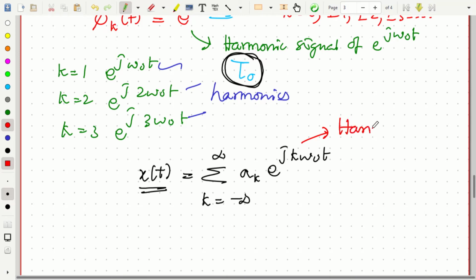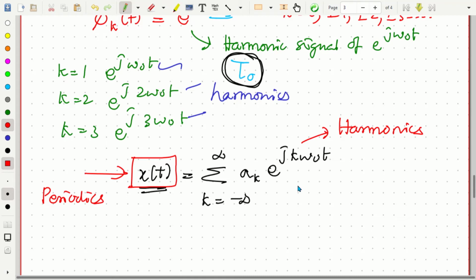These are harmonics. When k varies, the harmonic order increases: first harmonic, second harmonic. So we are trying to create a periodic signal x of t using the harmonics of e power j omega 0 t.